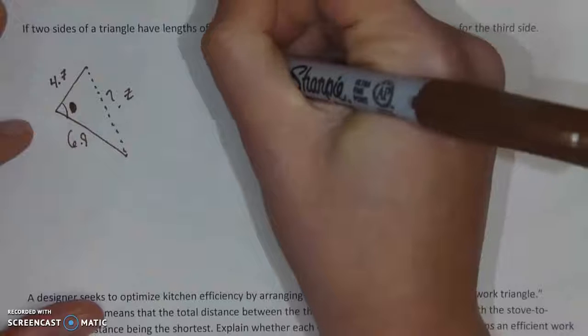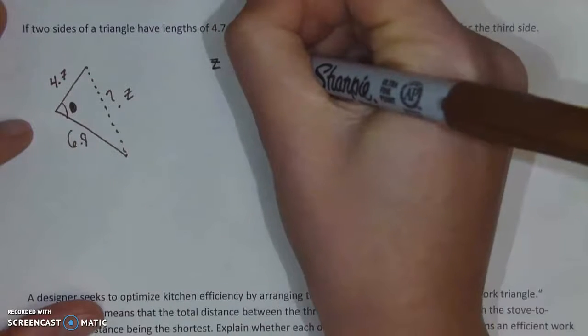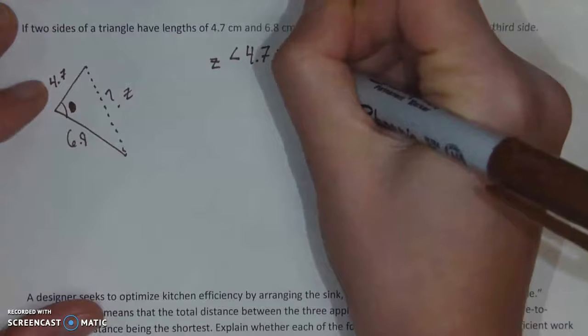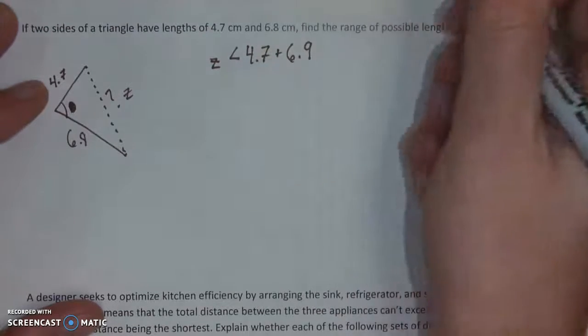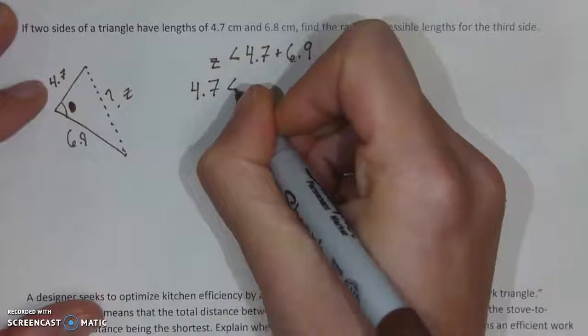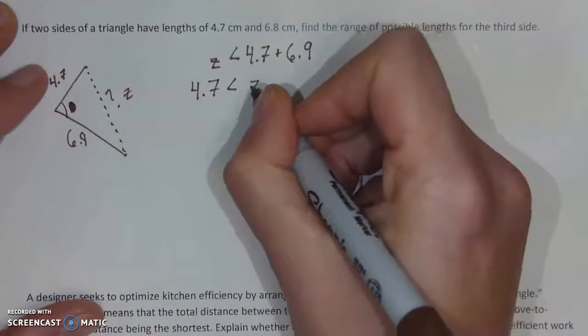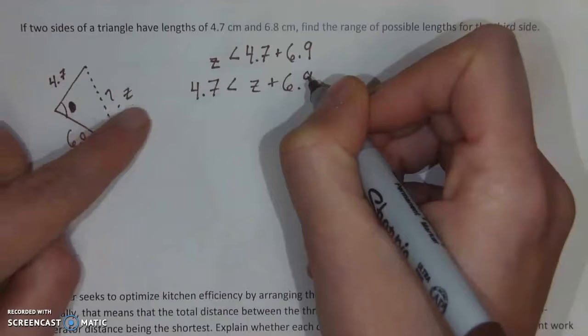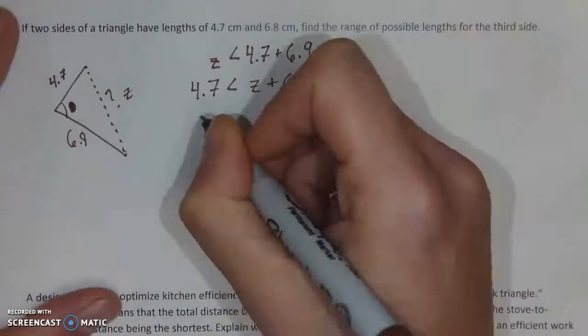Well, I know that Z is going to have to be smaller than the combined length of 4.7 and 6.9. I also know that 4.7 will have to be smaller than Z plus 6.9. So these 2 sides will have to be larger than the third side.